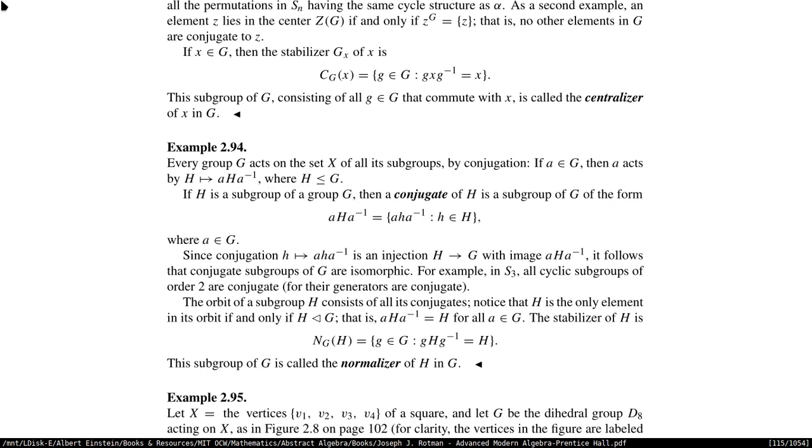Because if I've got two p-Sylow subgroups, let's call them P1 and P2, then P2 is going to be x P1 x inverse for some x in G, because any two p-Sylow subgroups are conjugate. Okay. But anything which is in the center of P1 doesn't move when you conjugate it.